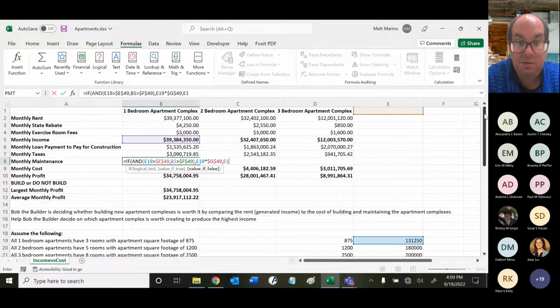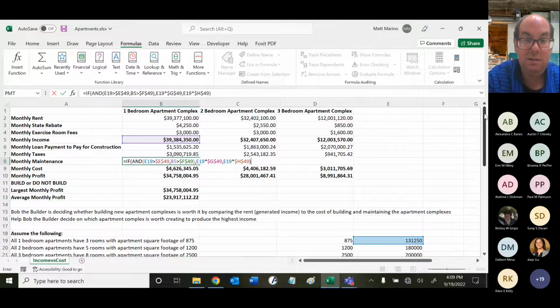If it's false, we do E19 multiplied by the absolute of H49. Everybody sees that formula? Yes. So once you hit enter, autofill it over.